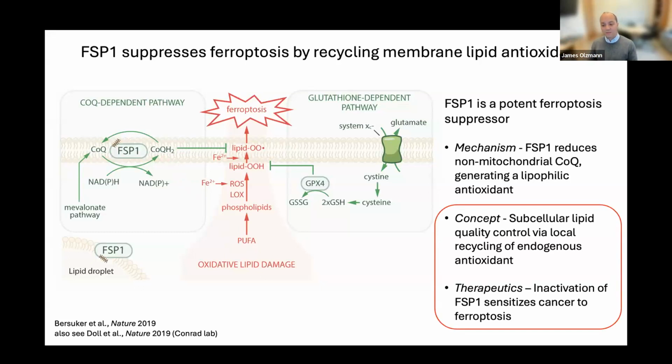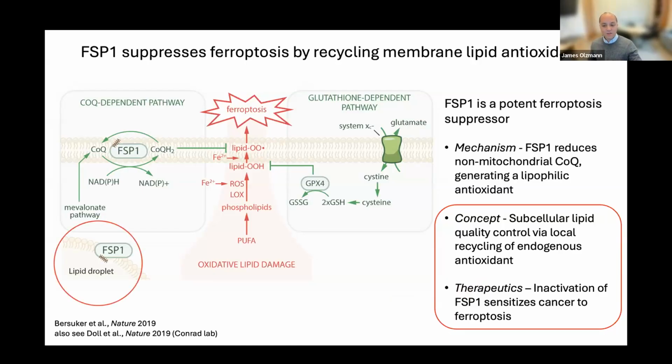So we imagined very similarly that we could conceptualize that damaged lipids could accumulate in different organelles, for example, lysosomes, peroxisomes, mitochondria, and that this could have very different mechanisms of regulation and very different phenotypic consequences. So I'll touch on this idea. And then we are also very interested in the therapeutic potential of targeting FSP1 as a therapeutic for cancer.